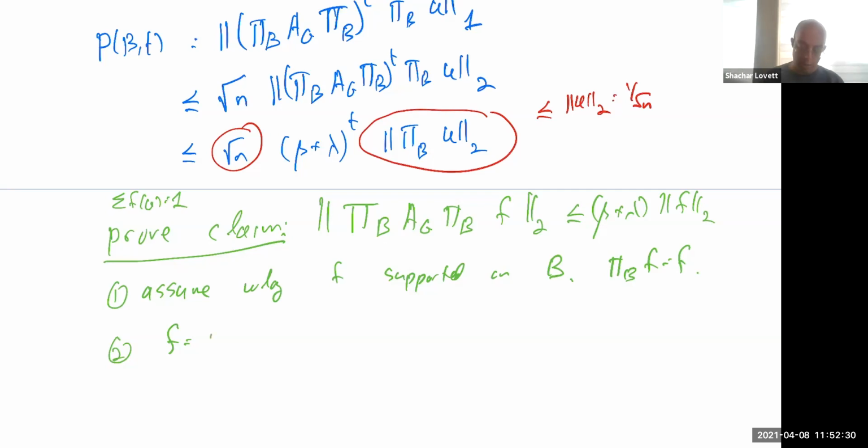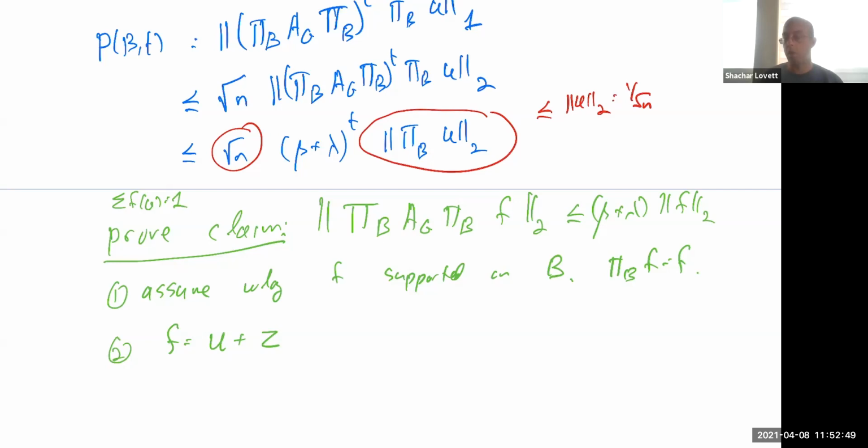Let's write f as the uniform distribution plus the rest, which I'm going to call z. In our case, it's all distributions, but this claim is true even more generally.